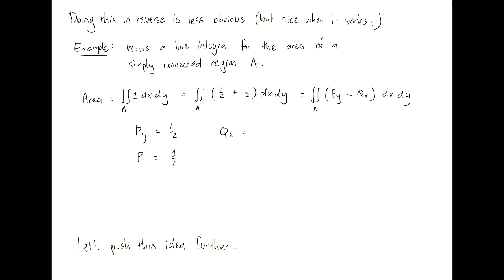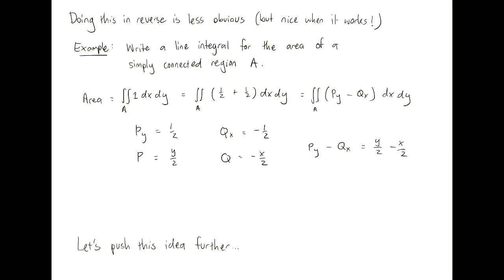Qx is equal to minus a half, because remember, we want this to be minus qx. So q is equal to minus x over 2. So py minus qx is equal to y over 2 minus x over 2. So maybe instead of doing this incredibly easy integral, well, maybe A is a bit complicated.